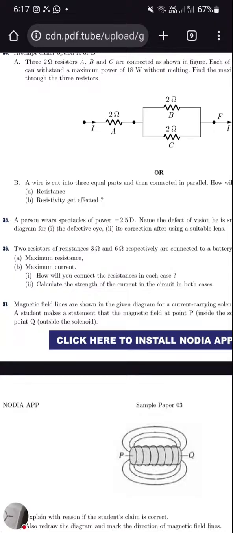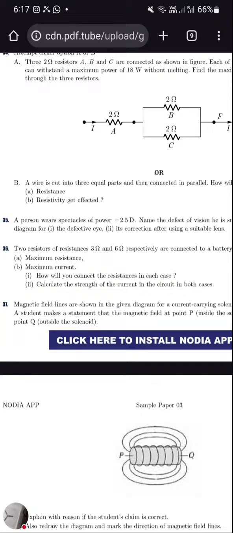In the parallel combination we are adding, so 1 upon Rp is 1 upon R by 3 plus 1 upon R by 3 plus 1 upon R by 3. So it will be 3 by R, and 3 times we are adding, so it is 9 by R. So Rp, the equivalent resistance, will be R by 9. Is it clear? Equivalent resistance will be R by 9.